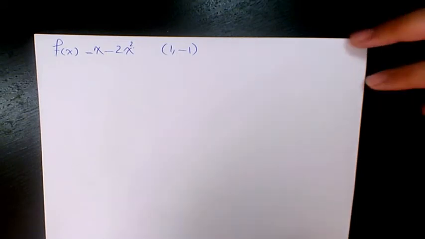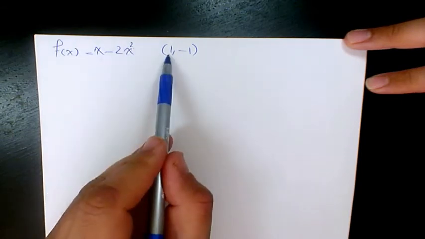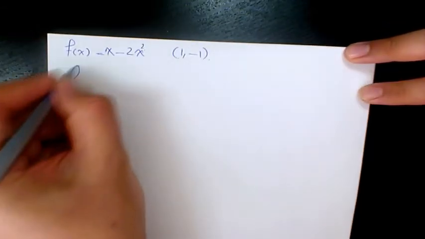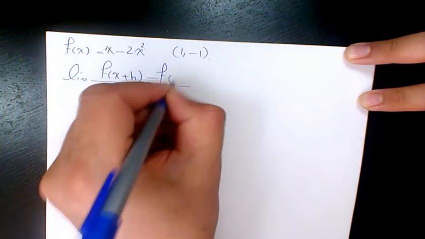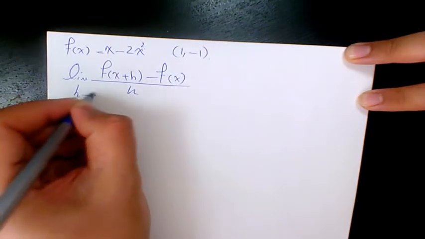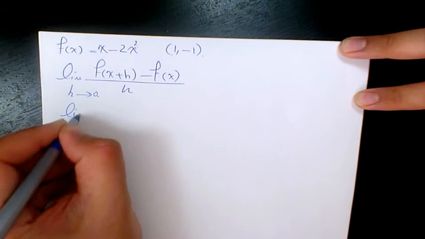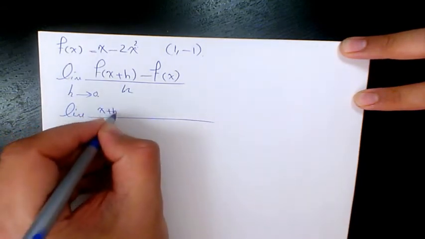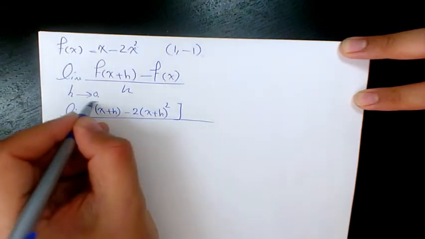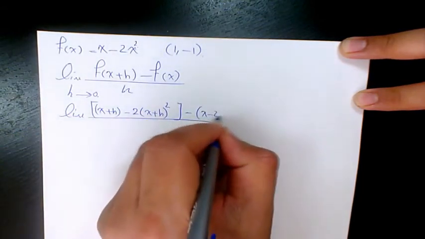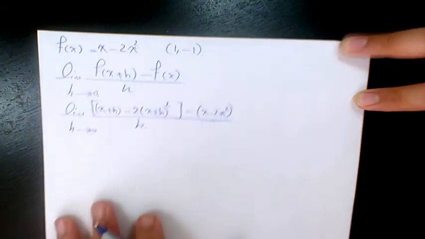Next example is f of x equals x minus 2x squared at point 1 and negative 1. So limit of f of x plus h minus f of x divided by h when h is approaching 0. So it is going to be limit of x plus h minus 2 times x plus h to the power of 2 minus x minus 2x squared divided by h when h is approaching 0.